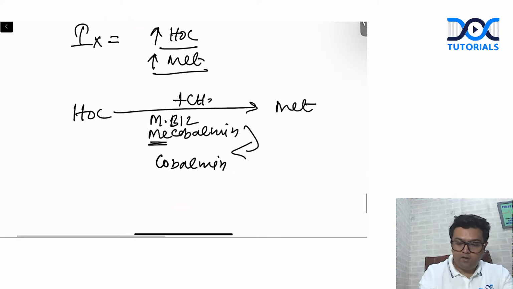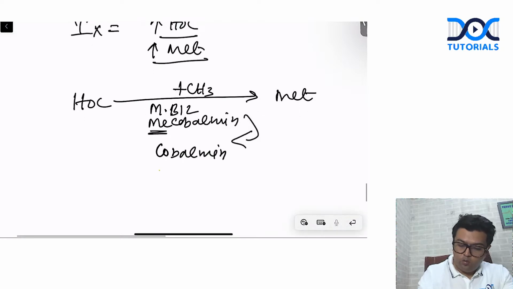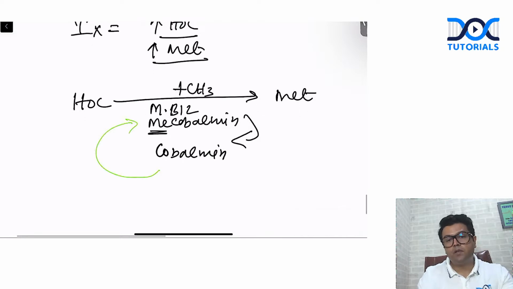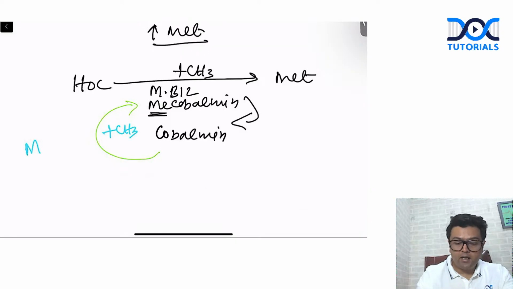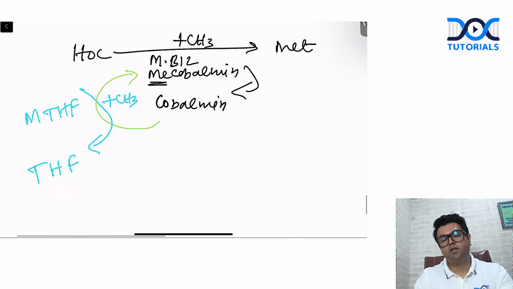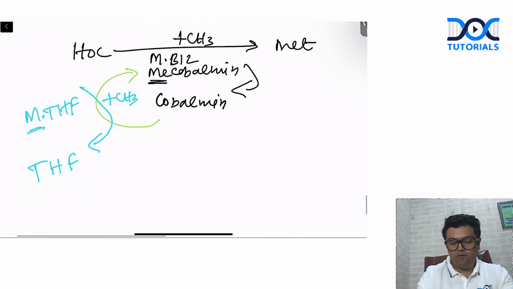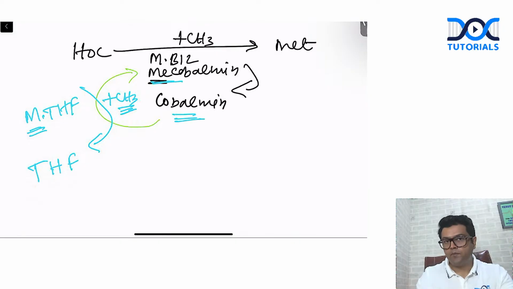So we have given the methyl group, right? Then cobalamin converts back to methylcobalamin, and for this again I need a methyl group. This methyl group is given by methyl folic acid, THF, which now converts into free folic acid, THF. So methyl folic acid has again given a methyl group to convert cobalamin back to methylcobalamin.